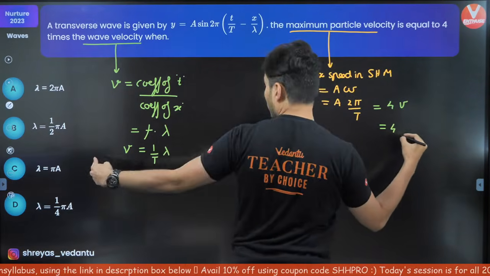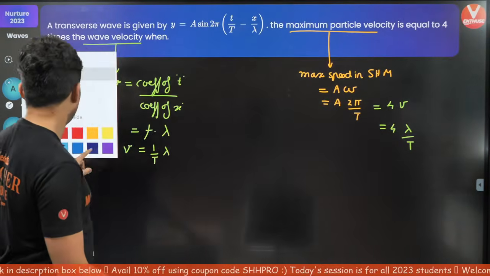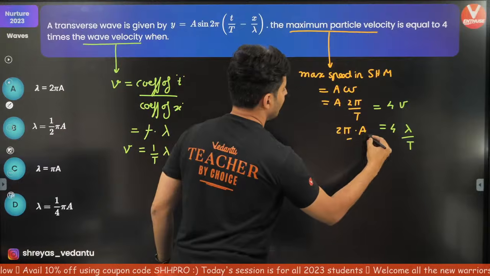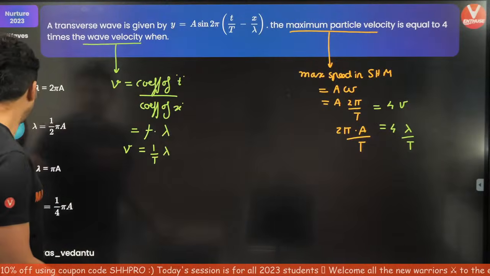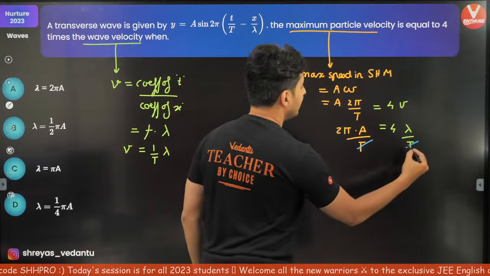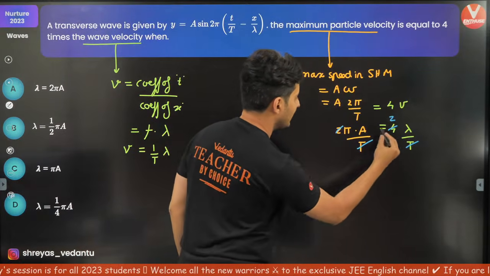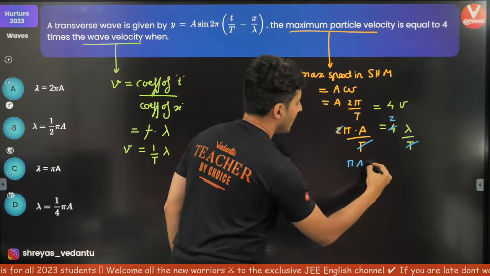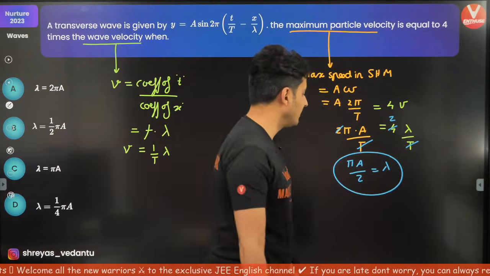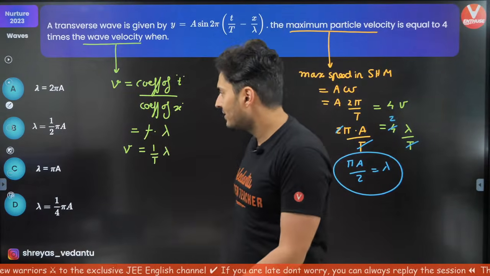That means it is 4 times lambda by T. So think about it, what will happen next? So this is 2 pi into a divided by T. What and all will get cancelled? Look at this. T will get cancelled. This 2 and this 4 will get cancelled. So basically pi a divided by 2 is lambda. This is the expression we got. I just followed whatever was given in the question. Do I have something like that?